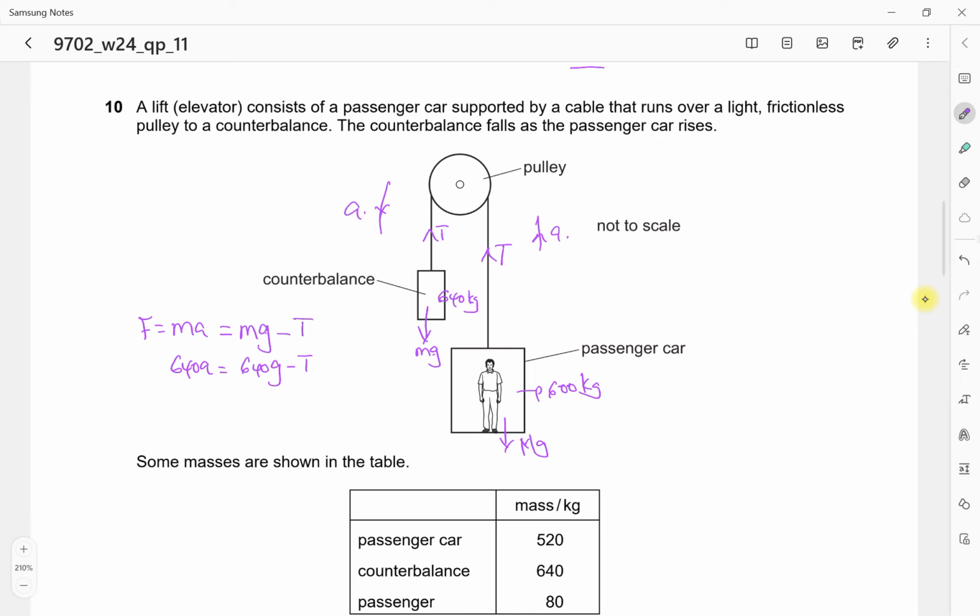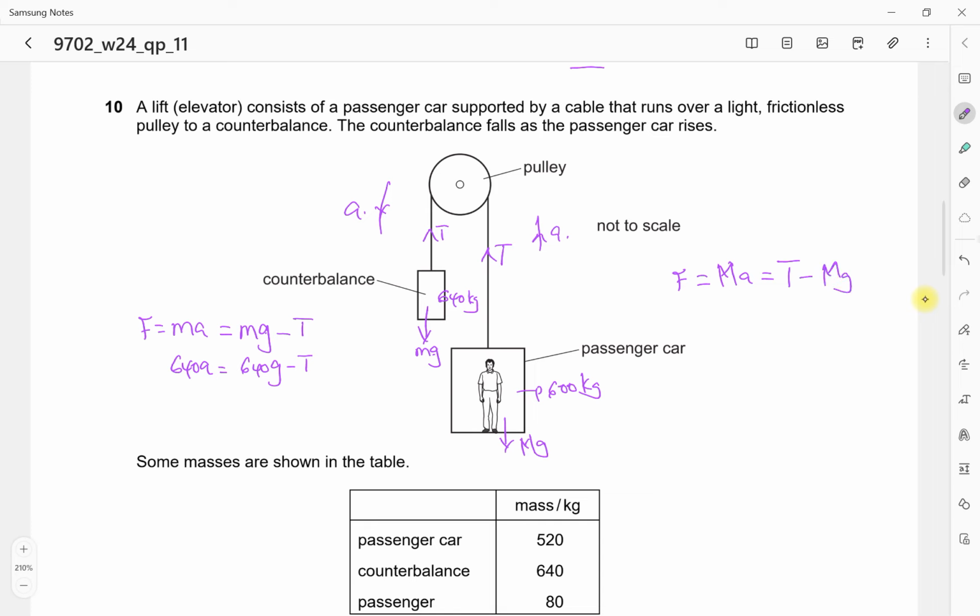On this other side, I'll use it for the passenger car with the person. The resultant force F is going to be equal to capital M times the acceleration. Because the motion is upwards, the tension T is greater than Mg. So this is going to be equal to T minus capital M times g.